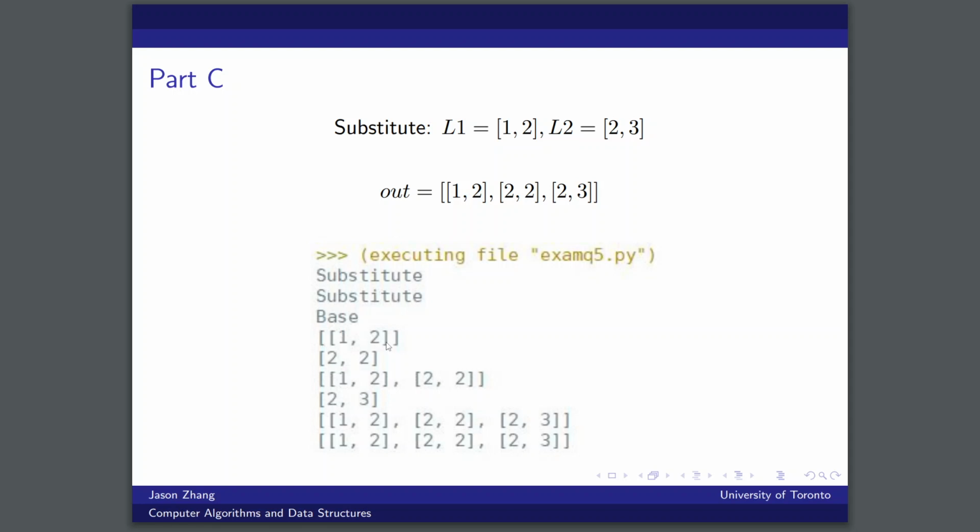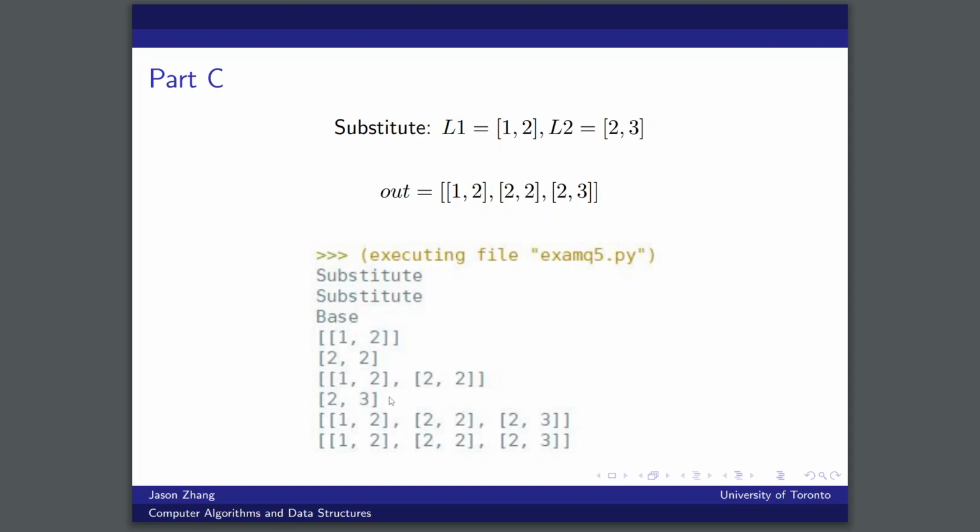So what's happening is this line here is our base case. And when we realize we need to perform a substitution, we perform the substitution on the temp variable, which creates this, which gives us this list 2, 2. And this is our temp variable, which we then append to our out list. So this is our out list that is returned after one call of the recursive function. And after that call has been returned, we move up to the next recursive call.